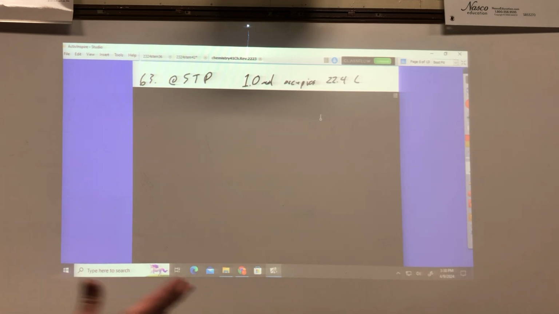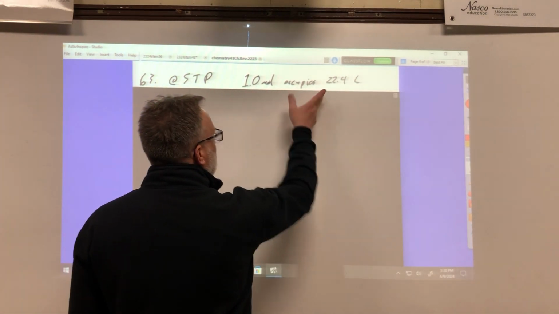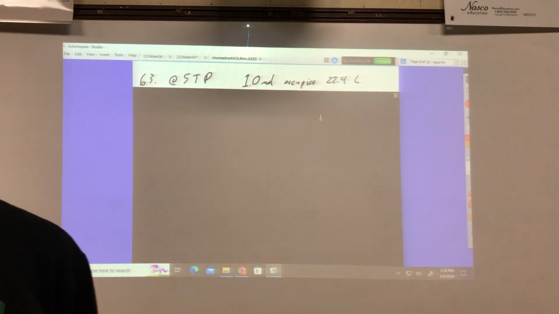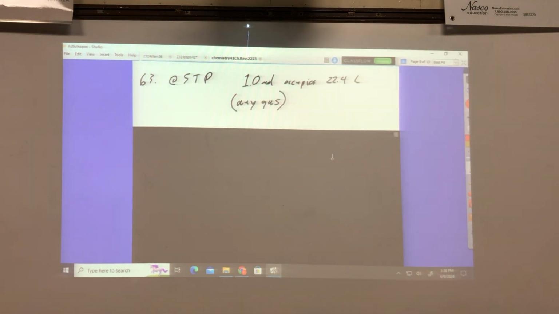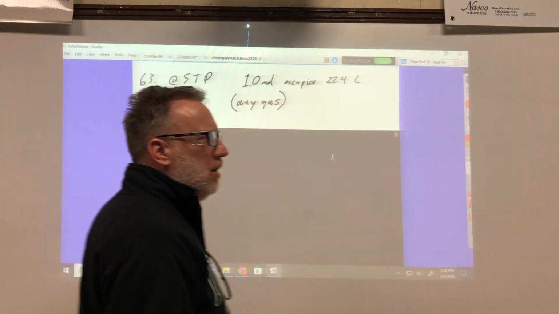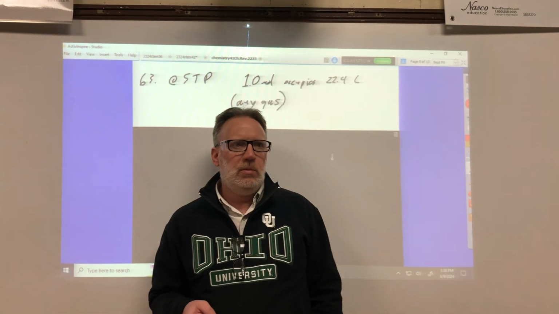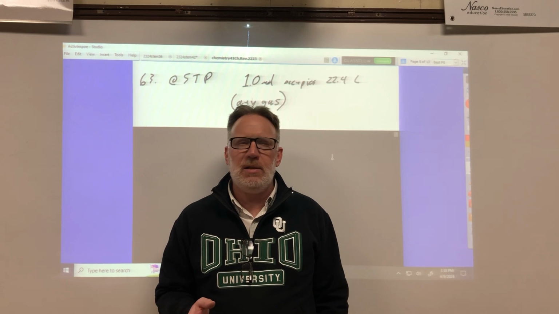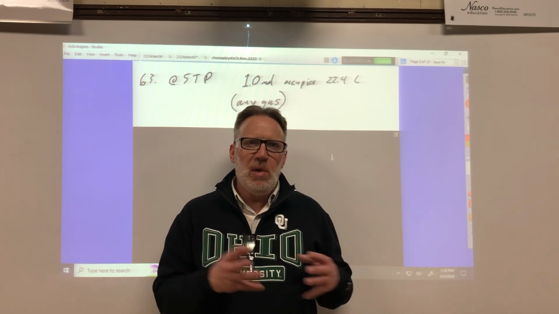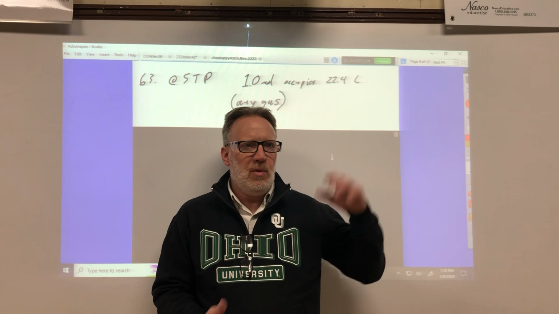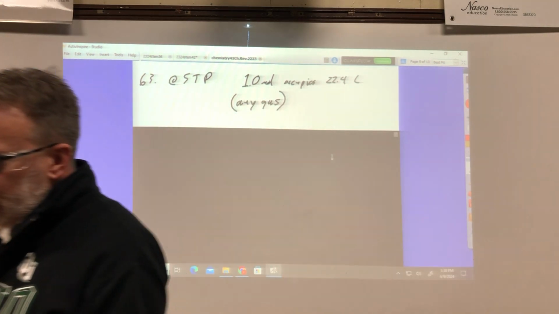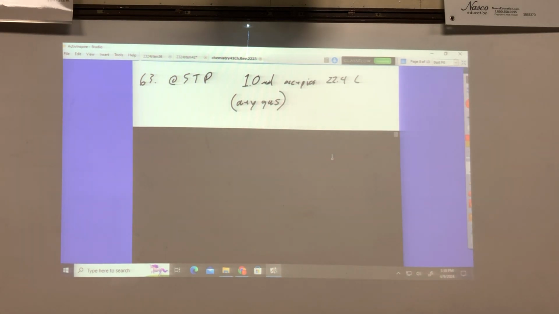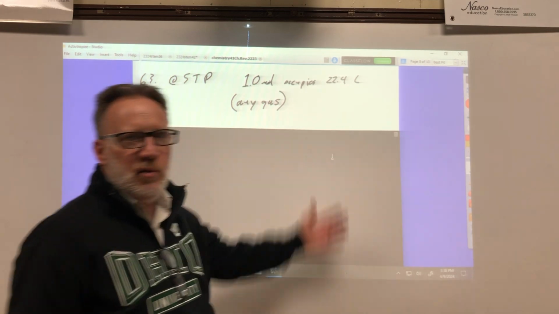That's 22.4 liters. 1 mole at STP is 22.4 liters. And that's for any gas because the particles of the gas are minuscule no matter how big they are if they're still a gas. And so they just don't make up enough volume compared to the volume of all the empty space that's in there to count, to contribute anything. 2 moles is going to occupy twice that much, 44.8 liters.